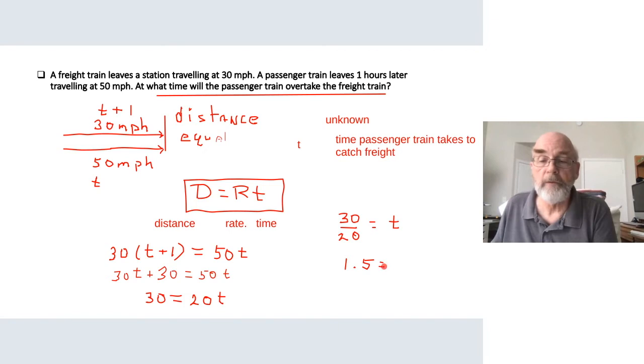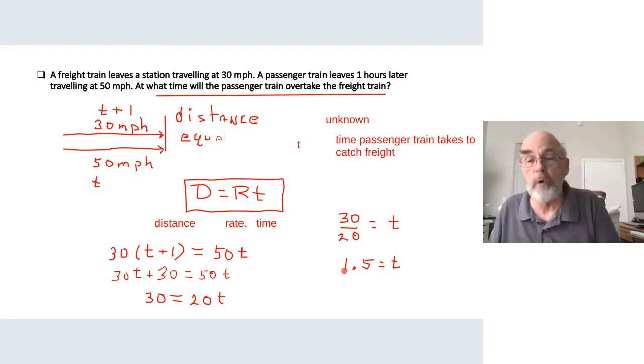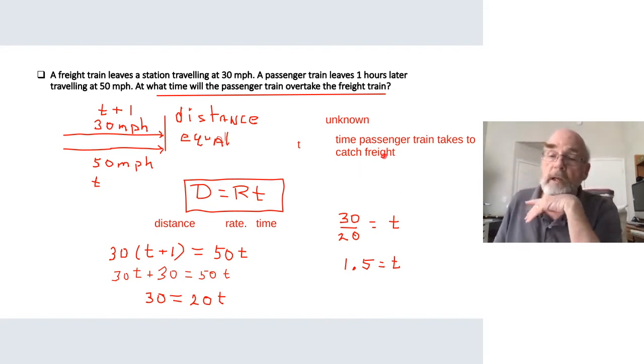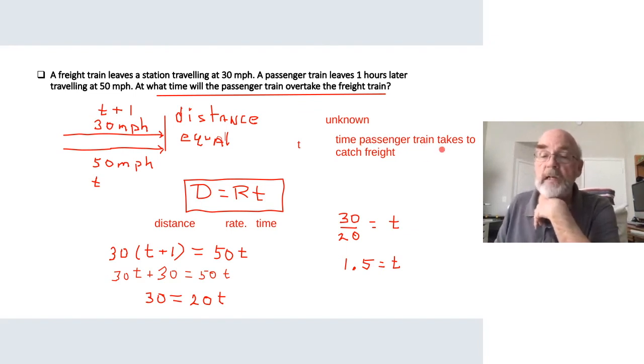And if you just said that as your answer, you're not done yet, because remember that fourth step is also very important in problem solving. That final step is to describe your answer in words. Well, the words are up here already. I wrote them down at the beginning. The time the passenger train takes to catch the freight train is going to be 1.5 what? Minutes, hours, seconds, what?